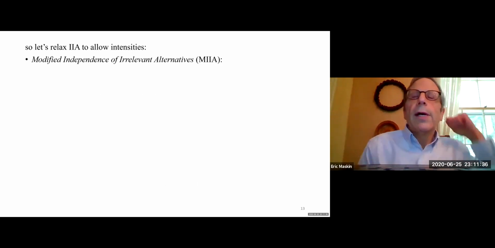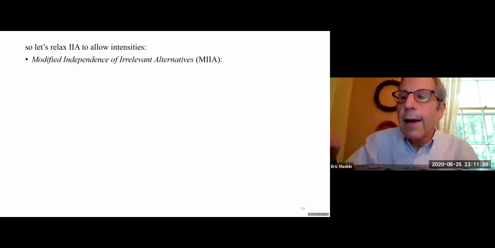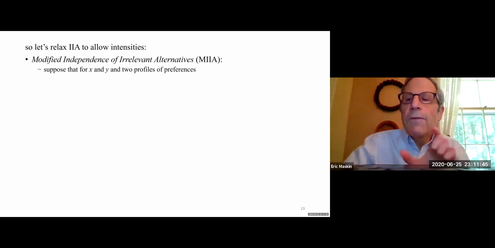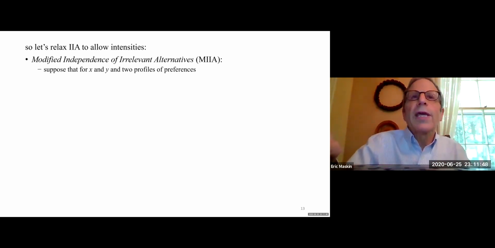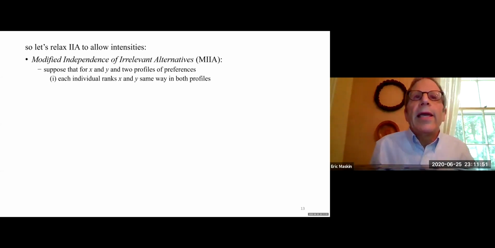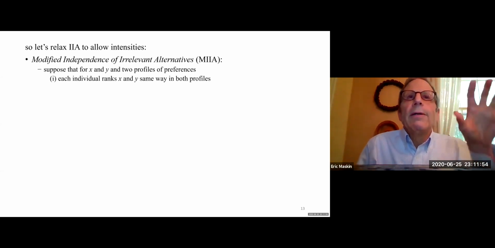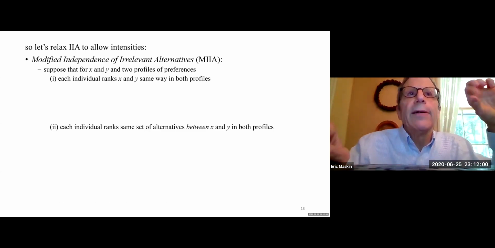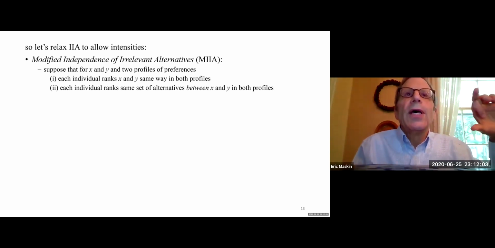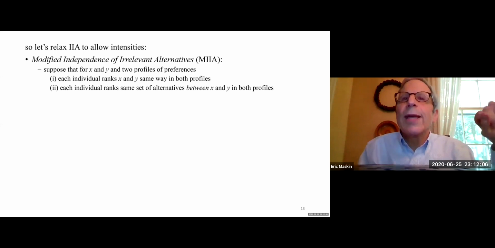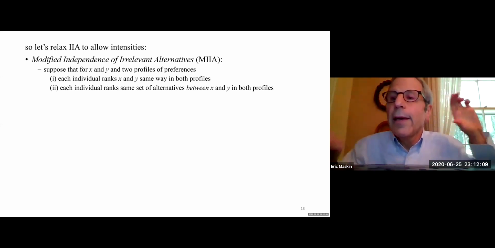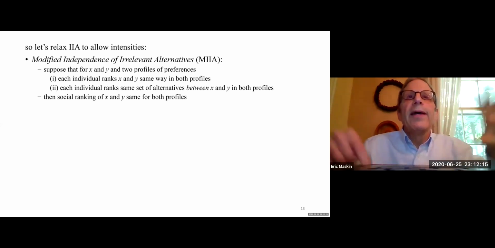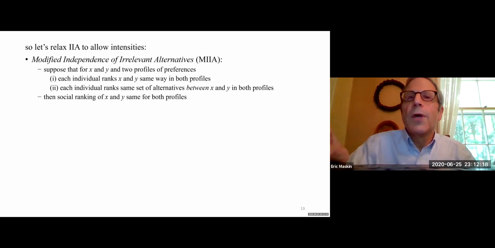Let me propose what I'll call modified IIA, which says that if there are two profiles of preferences, and we're looking at two alternatives, X and Y, if it's the case that each individual ranks X and Y the same way in both profiles, and it's the case that each individual ranks the same set of alternatives between X and Y in both profiles, then we rank X and Y the same way socially for both profiles.